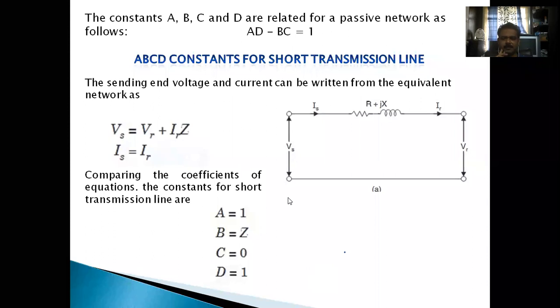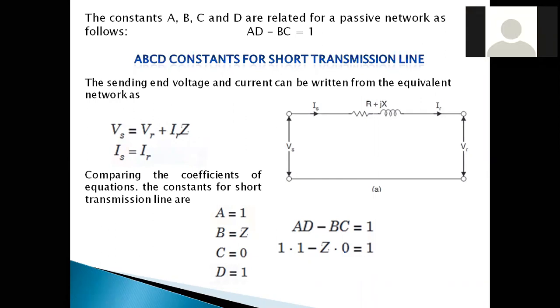If we verify for a short transmission line, AD minus BC is equal to 1 times 1 minus Z into 0, which is equal to 1. That means the short transmission line is a passive network.